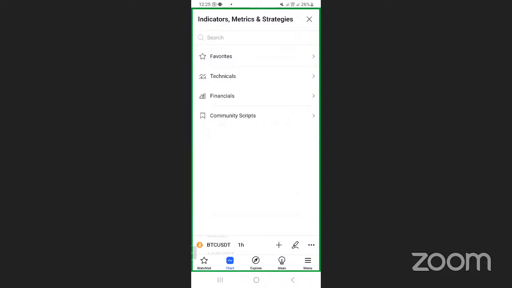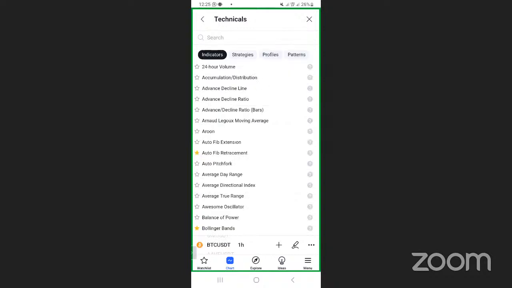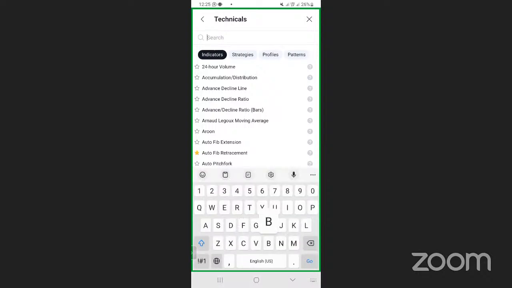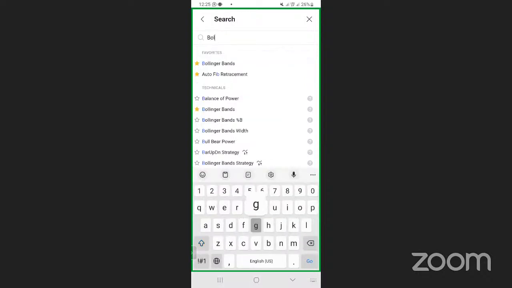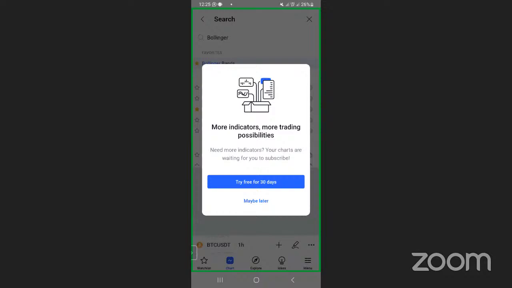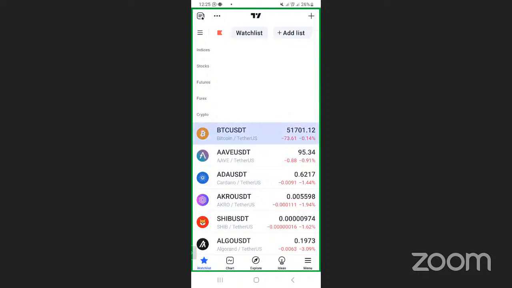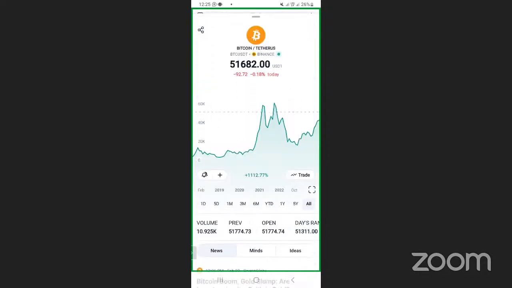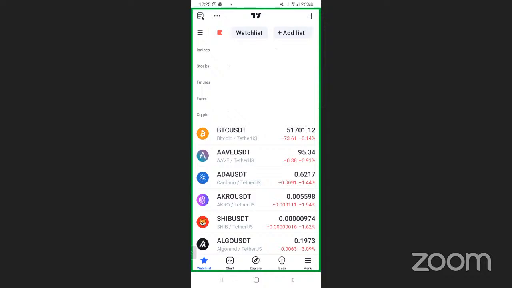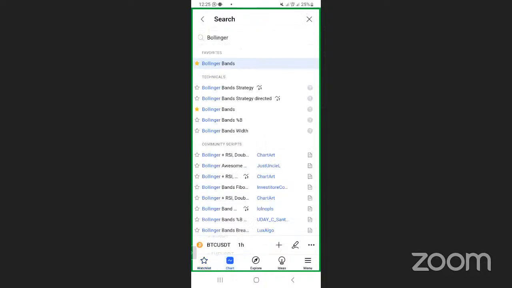After going to indicators, you go to technical indicators and you search the indicator. The indicator I want us to look at today is called Bollinger Bands. Oh, meaning when it shows that, it means on your chart, you have more than 3 indicators. So let me see if I can remove some indicators.